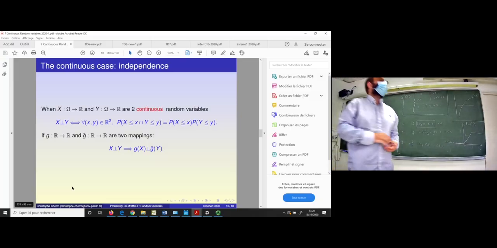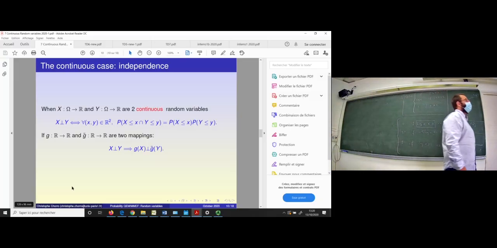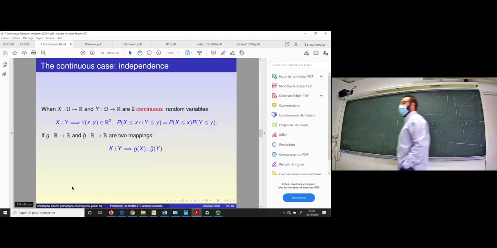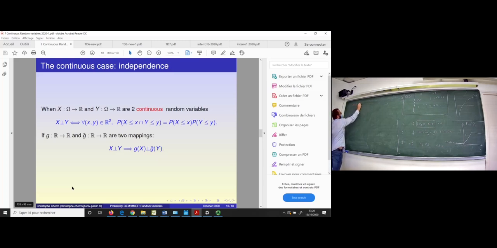Well, it is in fact more two remarks than two new things. So I just remind you what we have already done together. If I have two random variables, I have defined the notion of independence for these random variables.